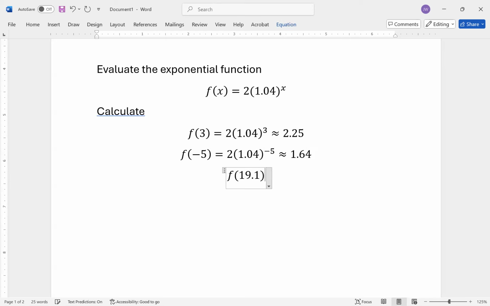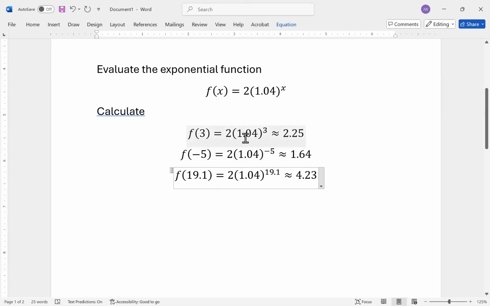I can do the same thing with the power of 19.1. 2 times 1.04 raised to the 19.1 power. If you're doing this by hand, you have to take the exponent first and then afterwards multiply by 2. Your calculator should do that automatically, and this gives me a value of 4.23.